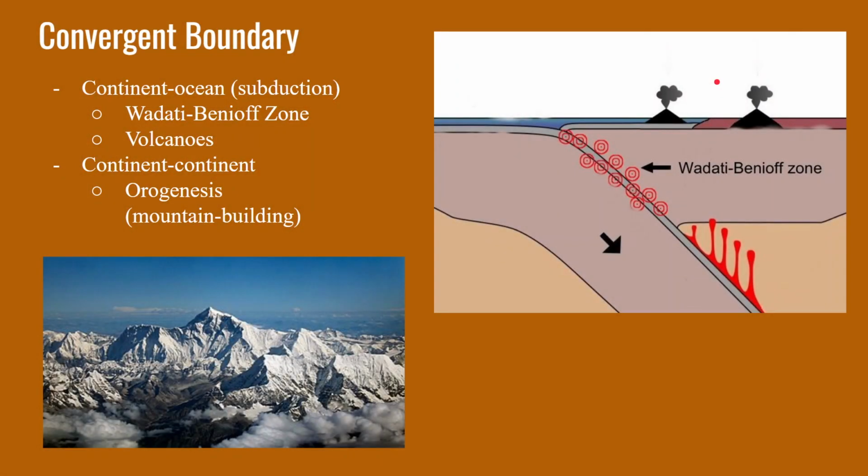So now on to convergent boundaries. This is where two plates come together, and there are two types of convergent boundaries. We have those subduction boundaries, those continent-ocean boundaries that we were discussing earlier.